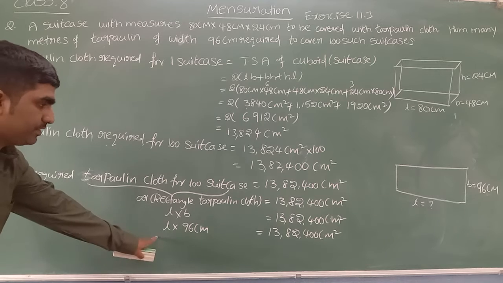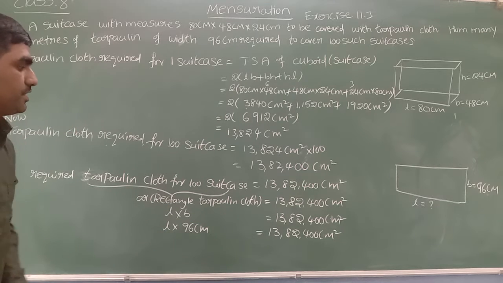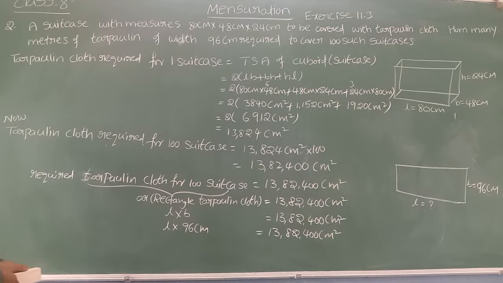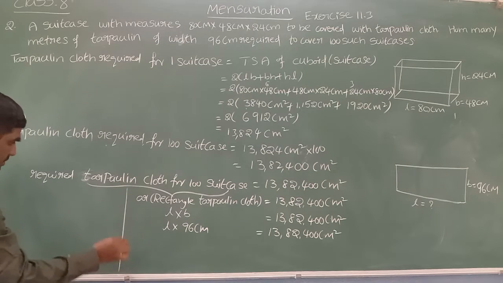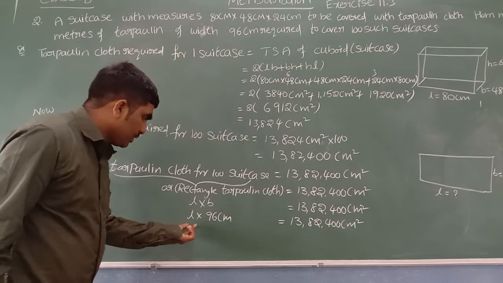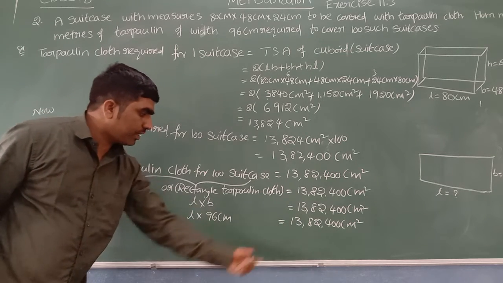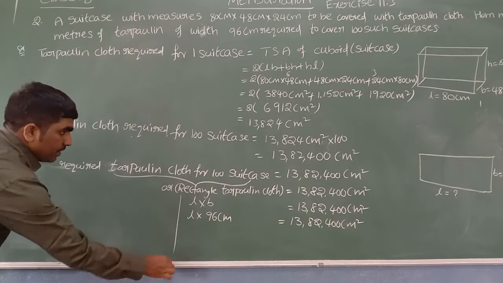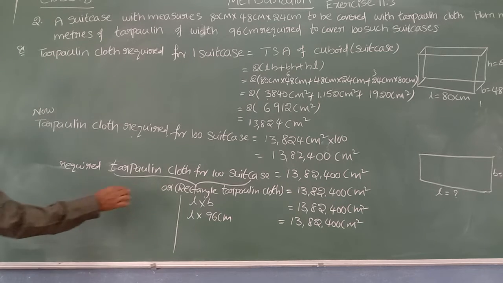Now to find the length, this into 96 you can transpose, so that we get the value of the length. Now let us find the length from here, transpose and simplify.